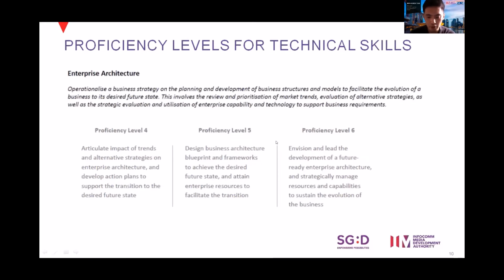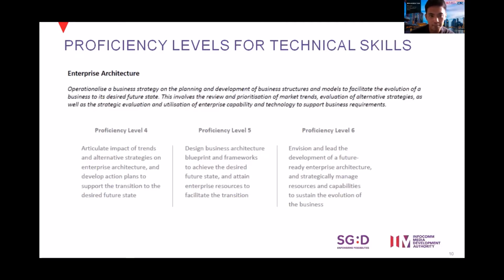And lastly, for the TSCs in particular, right, or technical skills competencies, there are actually different proficiency levels that indicate the depth or mastery of a skill. And these proficiency levels can range from levels 1 to 6, with level 6 being the highest level of mastery of a particular skill.